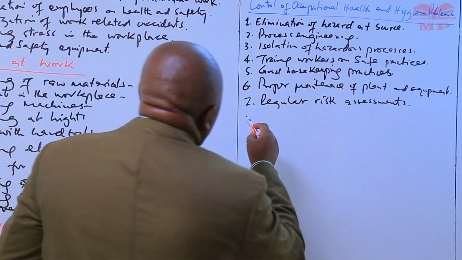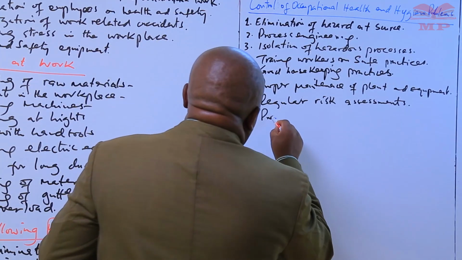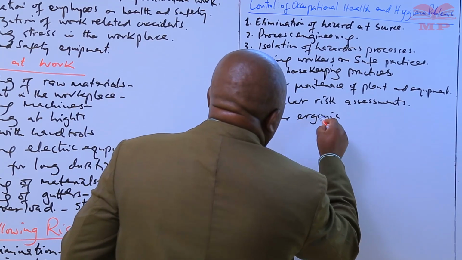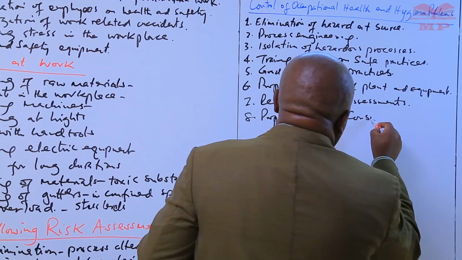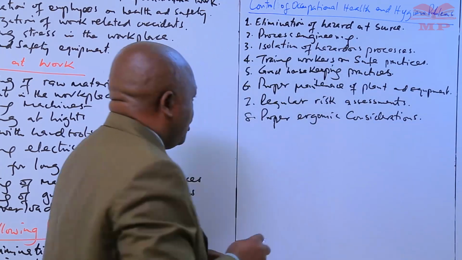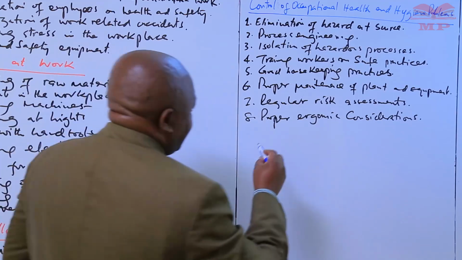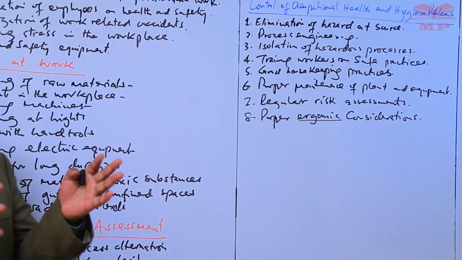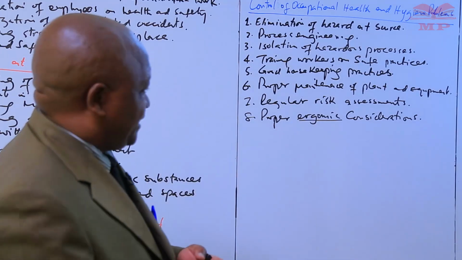And then you have what you call proper ergonomic considerations. So when you talk about ergonomic considerations, you are talking about the interface between the worker and the machine.